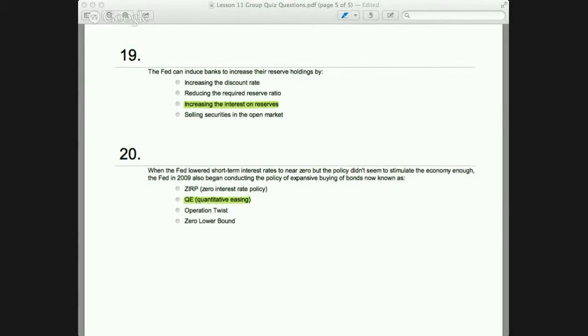Let's see if we can find it real quick. QE, Federal Response to Zero.